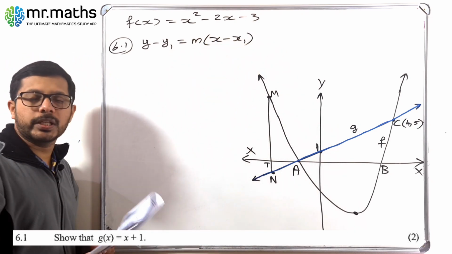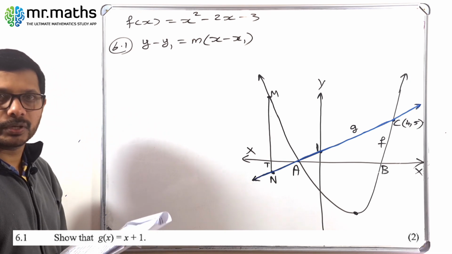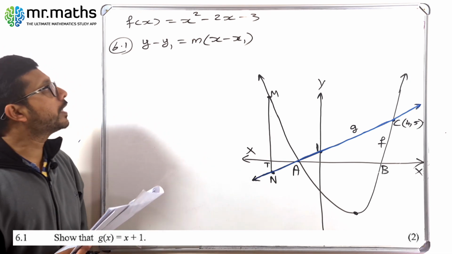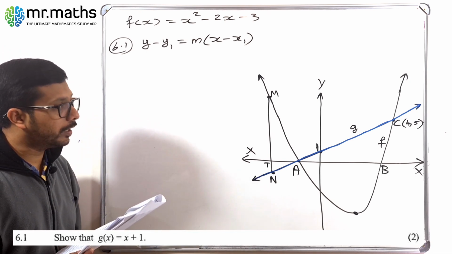You remember the general equation of a straight line graph. You have to find that for the straight line graph g(x).